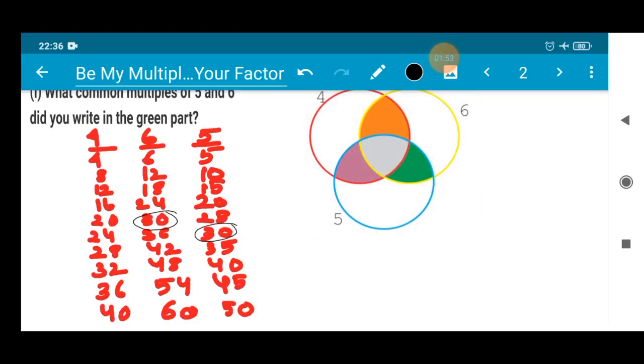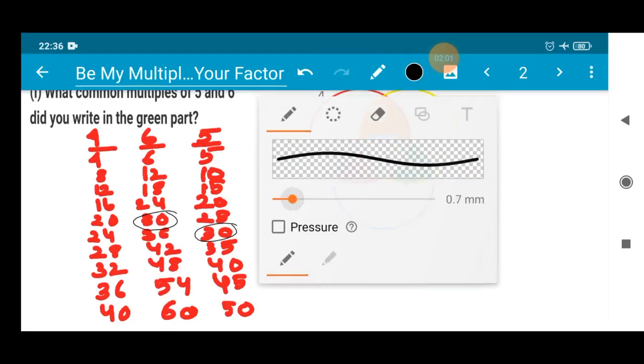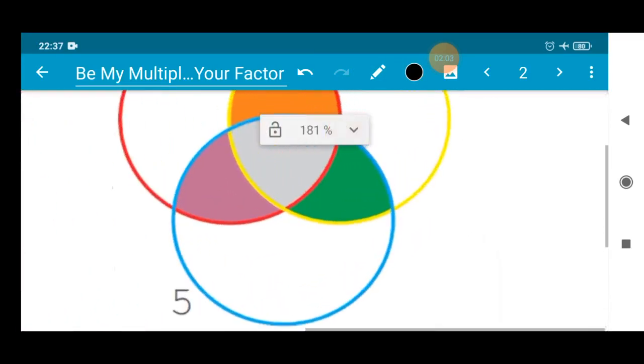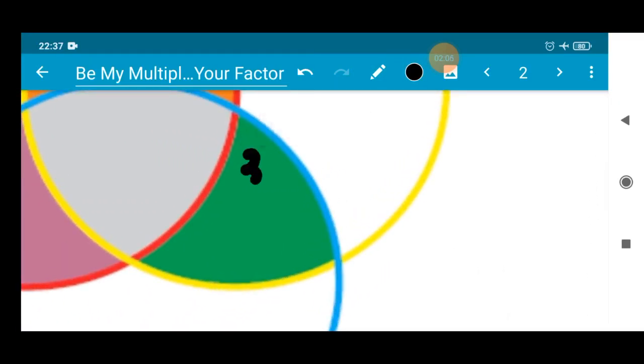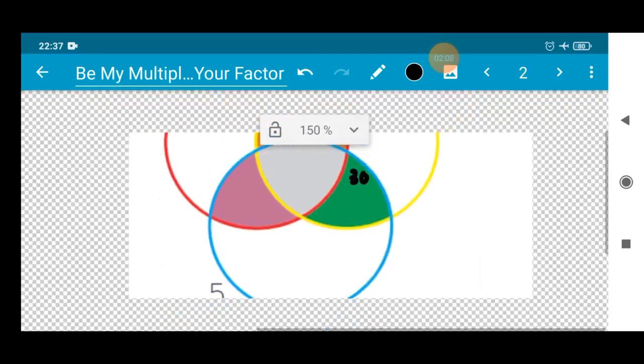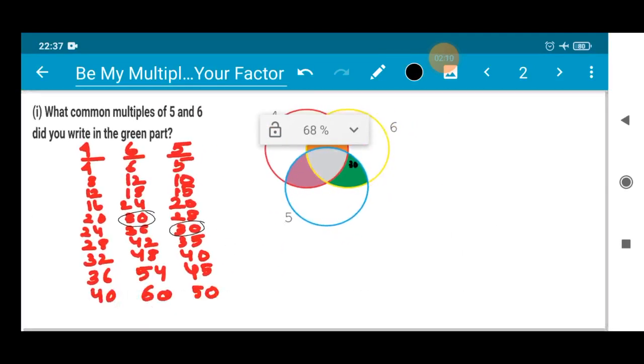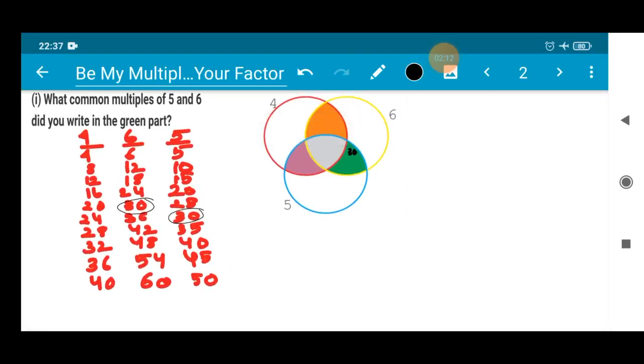Is there any other number which is common on both sides? So the common multiple I can write here in the green part is 30. Is there any other number we can write?